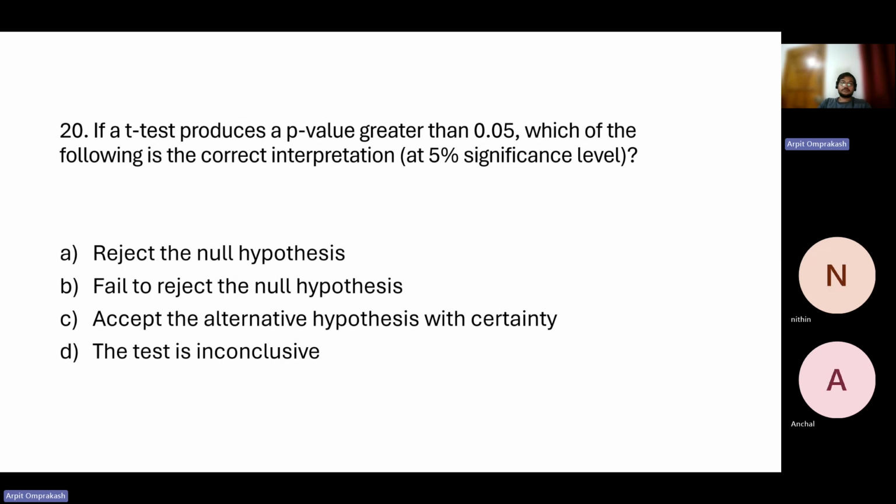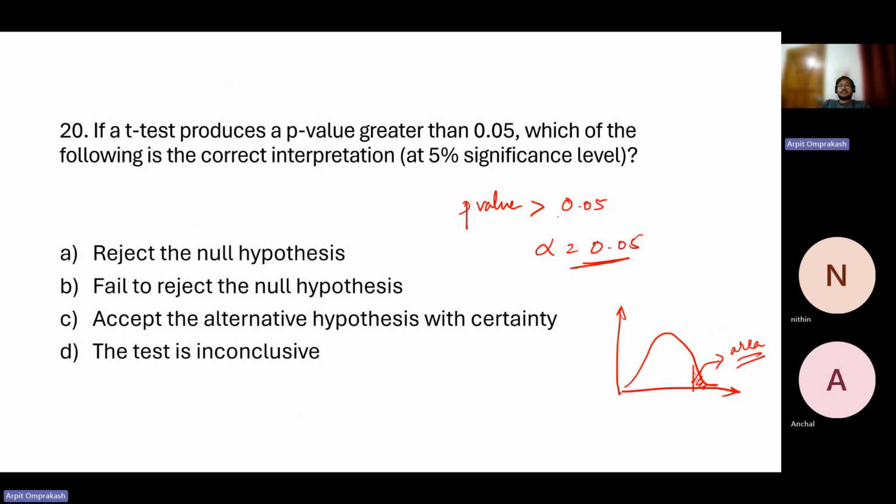So what we have said is our p-value is greater than 0.05 and our alpha is 0.05. So our significance level is again 0.05. Since our p-value is greater than this, that means in our test, the p-value is basically the area.